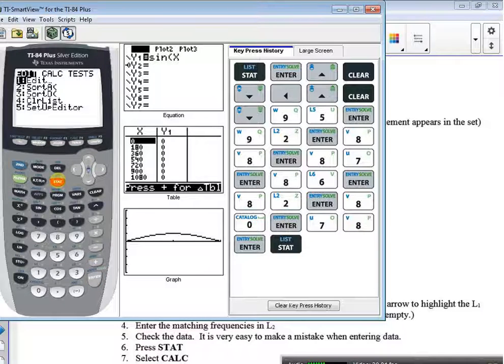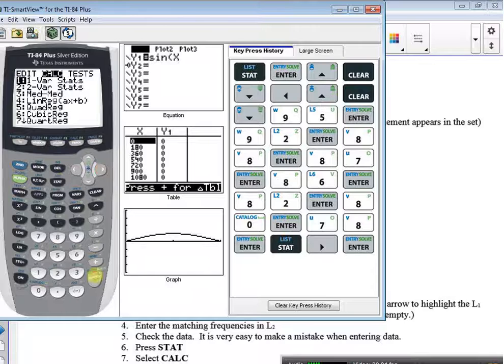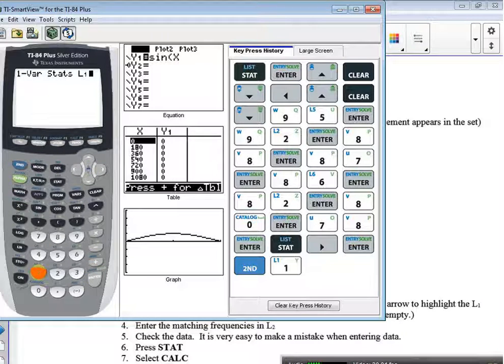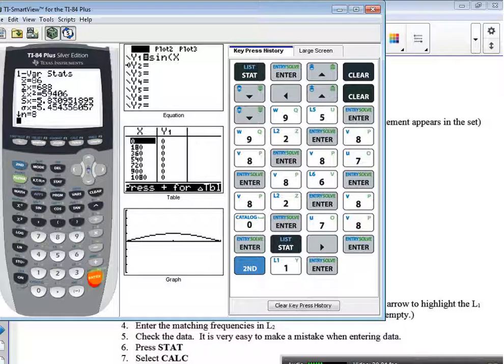So I'm going to go to Stat, Calc, 1-Var Stats, and I need to tell it L1. Remember, if you have the newer operating system, in the frequency you'd have nothing. And then we calculate that. So we have two standard deviations here. One is an S with an X, and the other one is sigma X. One is for the sample.